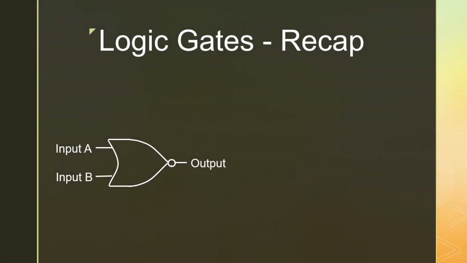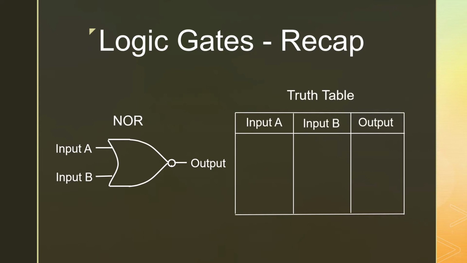So here we have the OR gate symbol, but we also have this dot or circle on the front of it, which indicates to us that it's a combination of both an OR gate and a NOT gate, giving us a NOR gate. The truth table inputs are exactly the same, so 0, 0, 0, 1, 1, 0, and 1, 1. And again, whenever I'm doing something like this, I always like to write down the output of an ordinary OR gate.